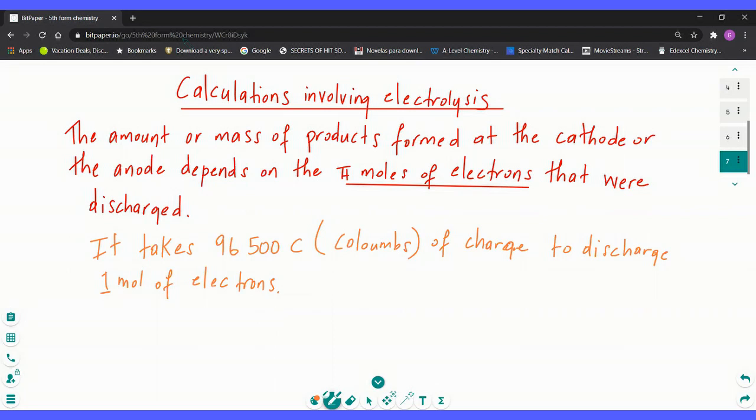Now I want to show you how we're going to get to the coulombs. How do we know what is a coulomb? One coulomb is the unit of charge.